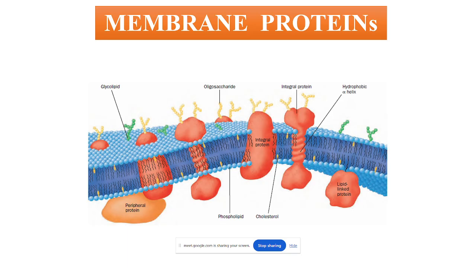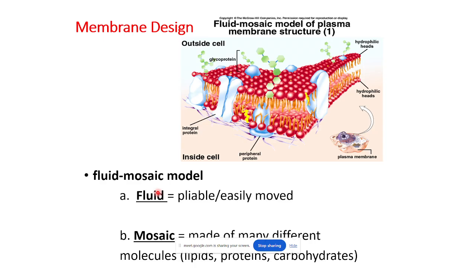It has glycolipids and different oligosaccharides. Then there are several integral proteins embedded inside this phospholipid bilayer, some hydrophobic alpha helices, and the lipid-linked proteins. You also have cholesterol and the peripheral proteins.